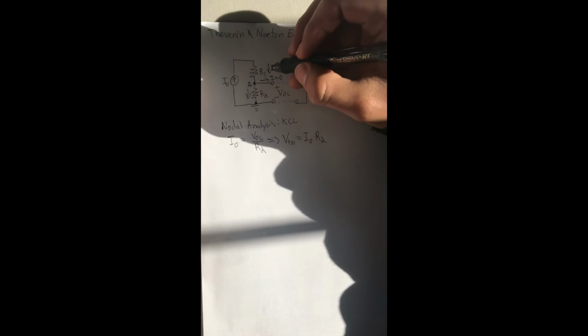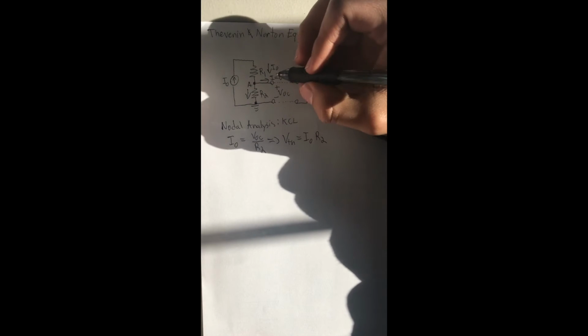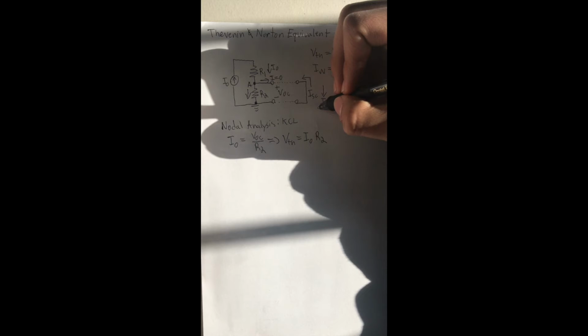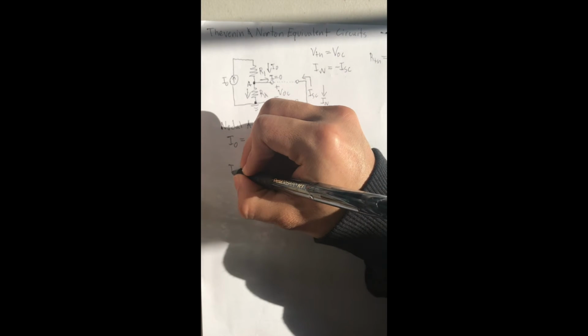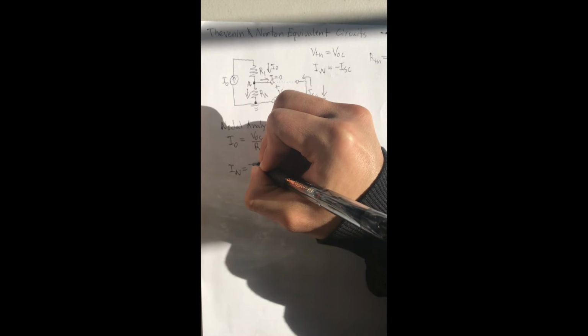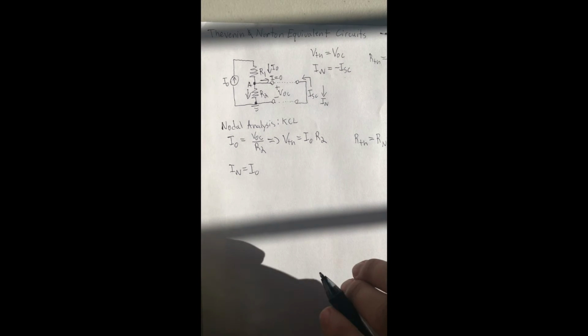So the current coming in, I naught, equals the current leaving by Kirchhoff's current law, and that just tells us that I Norton is equal to I naught. And now we find the Thevenin and Norton resistance, which is just the ratio of the open circuit voltage over the negative short circuit current going in, and that's just I naught R2 over I naught, which is R2.